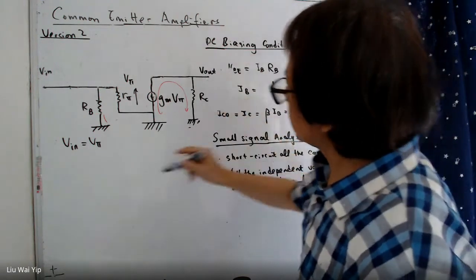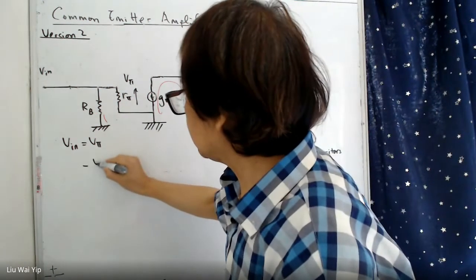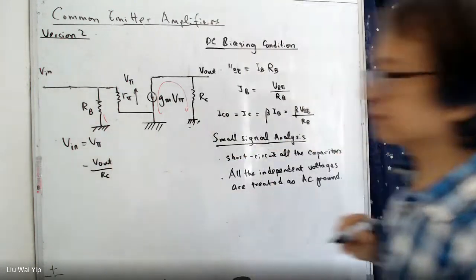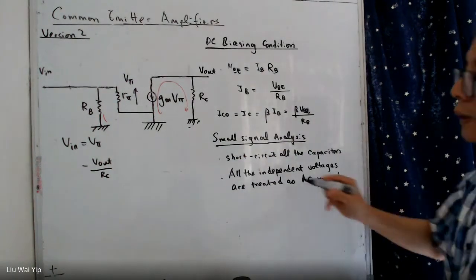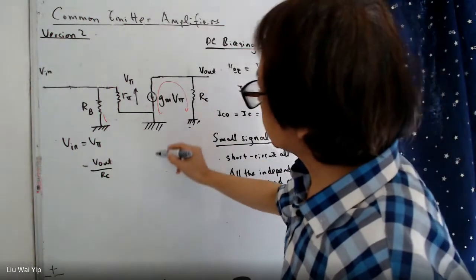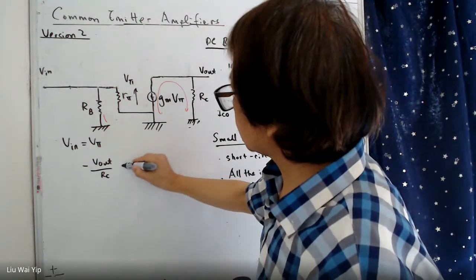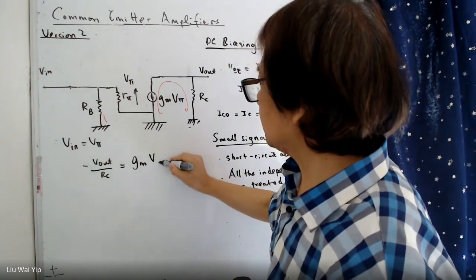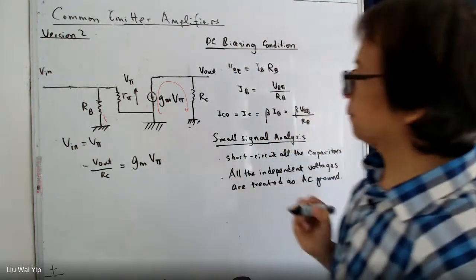So here, minus V out divided by RC. And then the current here, GM V pi.